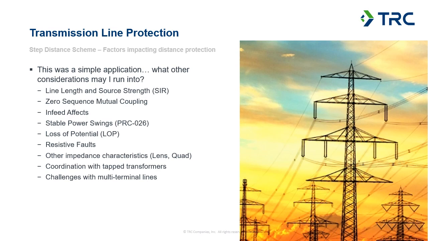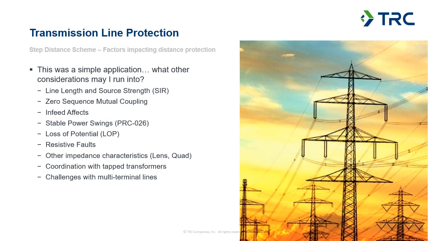So we need to take a look at that to make sure that we're setting our relays in a way that they're going to maintain reliability for those scenarios. And there's another one of the NERC PRC standards that provides some guidance on how to set your relays in a way that they will be secure during stable power swings.